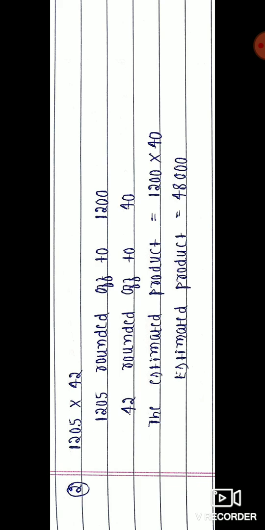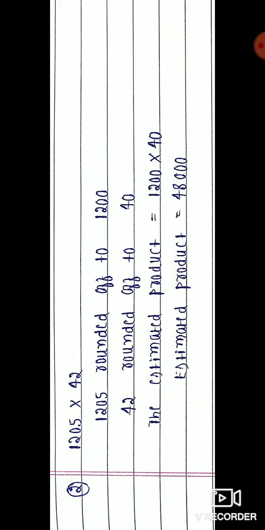Similarly, you have to round off 42 in terms of its nearest tens value. Therefore 42 rounded off to its nearest tens value is 40.